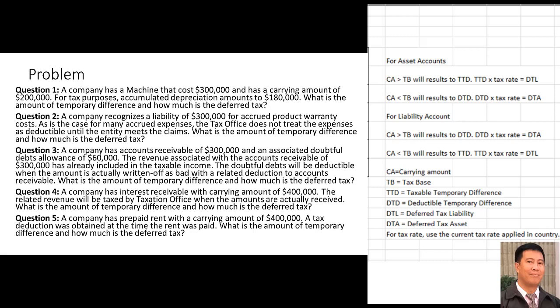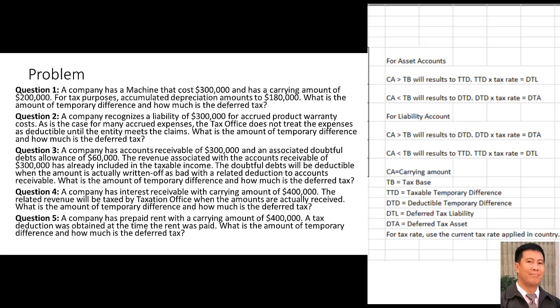Deductible temporary difference multiplied by tax rate will result in deferred tax asset. Now, for an asset, calculating the tax base is really quite complicated, because you have to recall this formula.